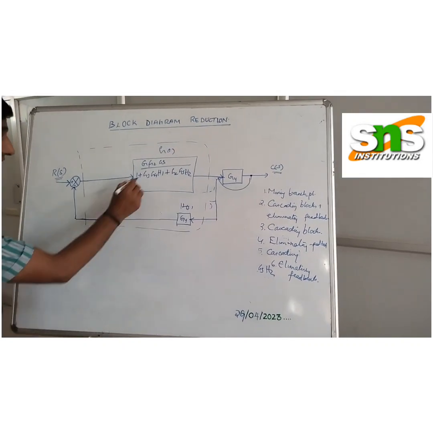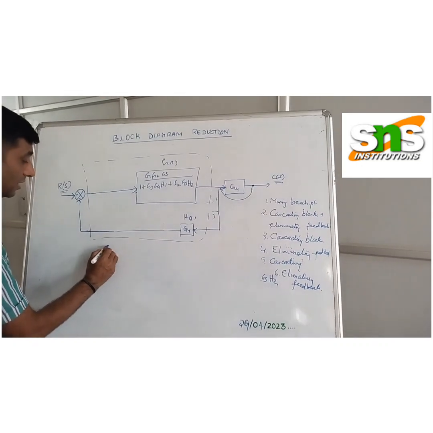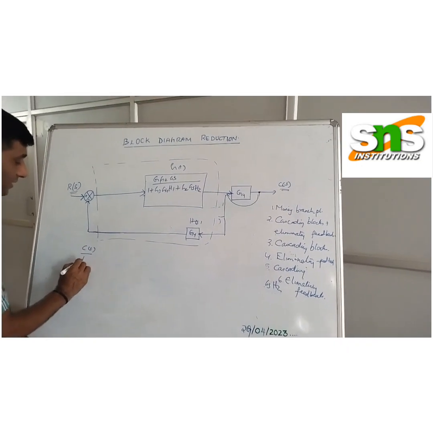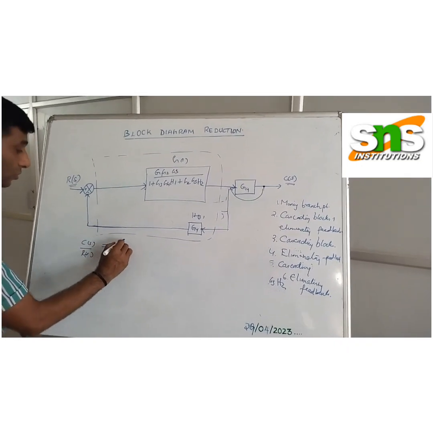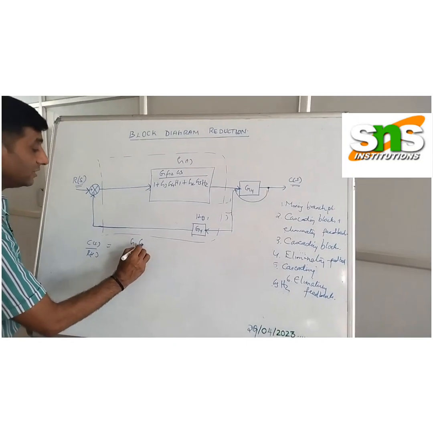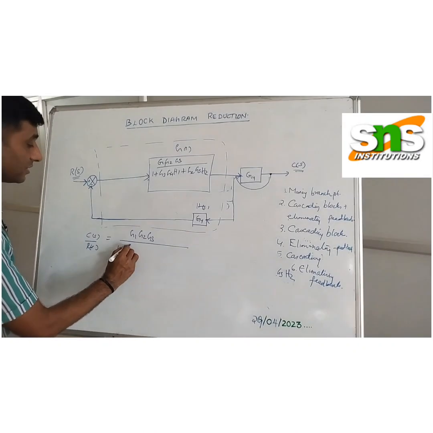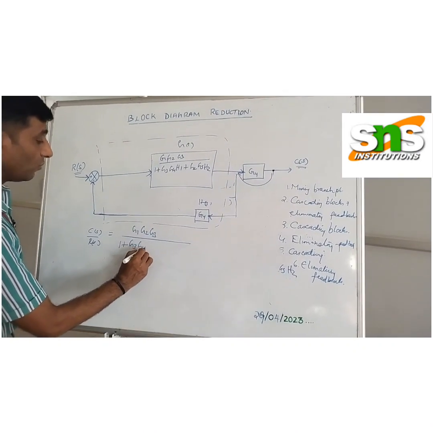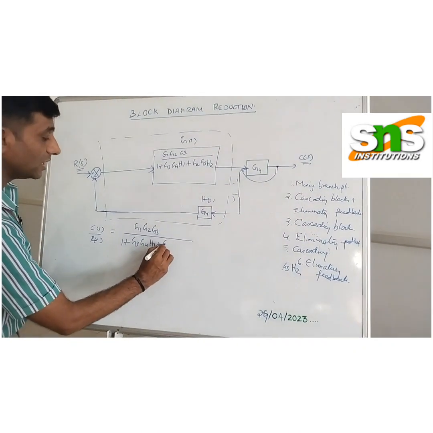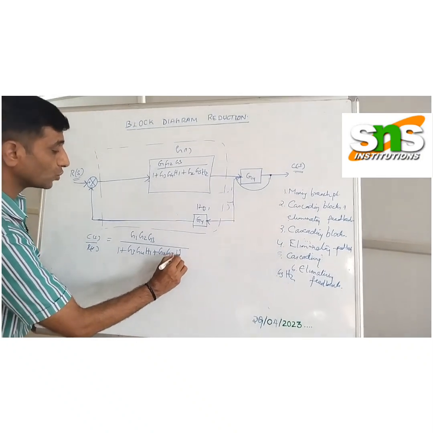So what happens is, G of S, which is nothing but my C of S by R of S, is equal to G of S. So G1, G2, G3 divided by 1 plus G3, G4, H1 plus G2, G3, H2.